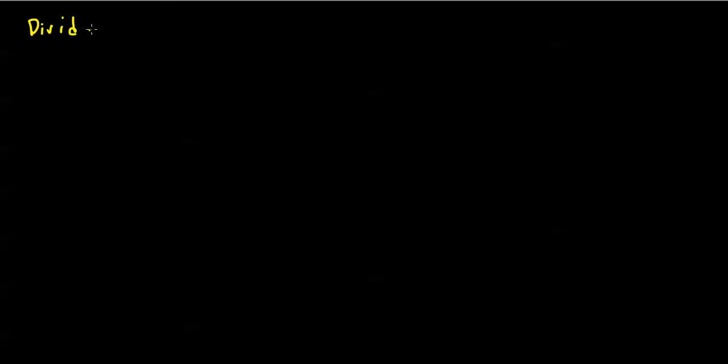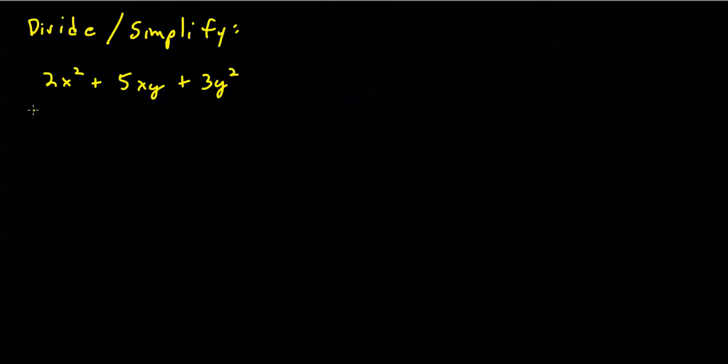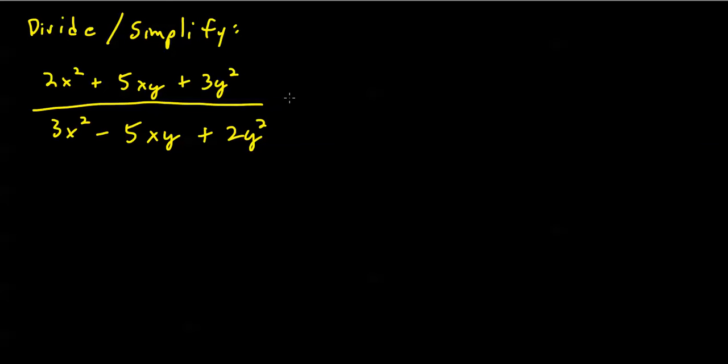Divide the following rational expressions, and of course simplify your final answer. Now this one looks nasty too, but as we'll see, there's a little trick here we're going to invoke. Make sure I copy this right. 3x squared minus 5xy plus 2y squared.